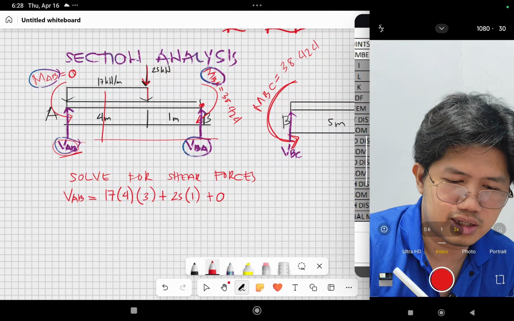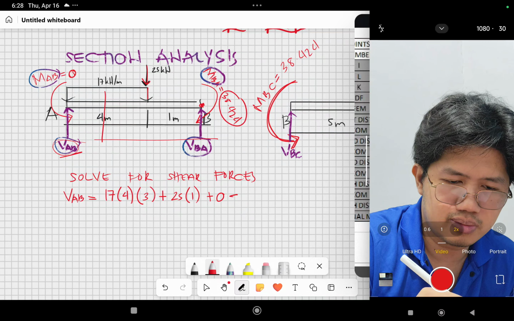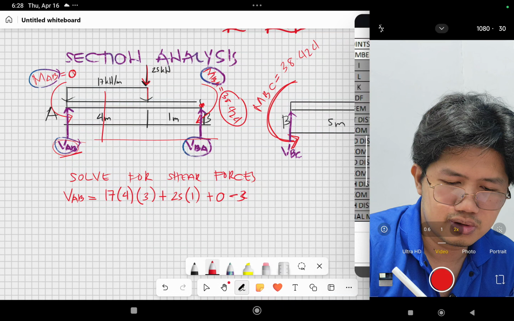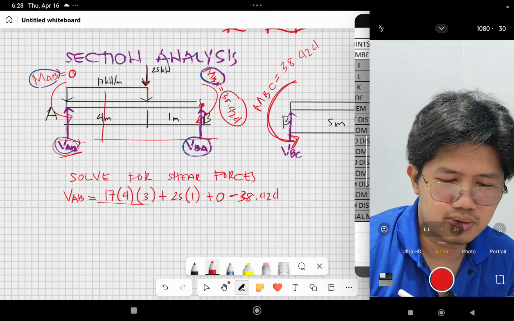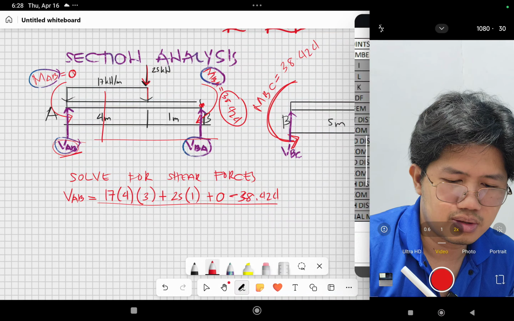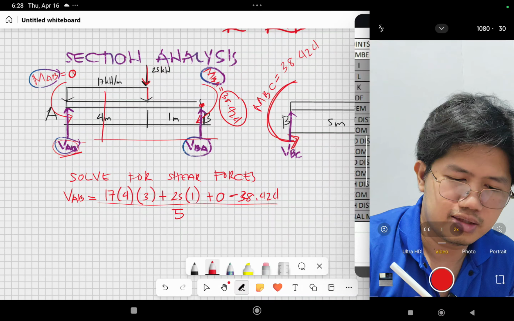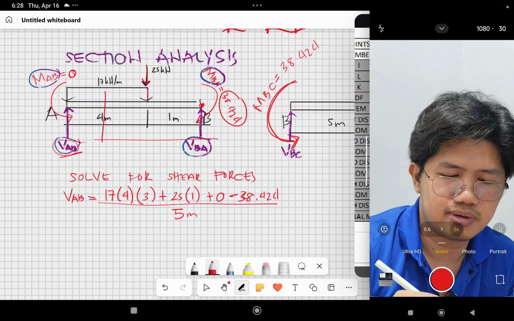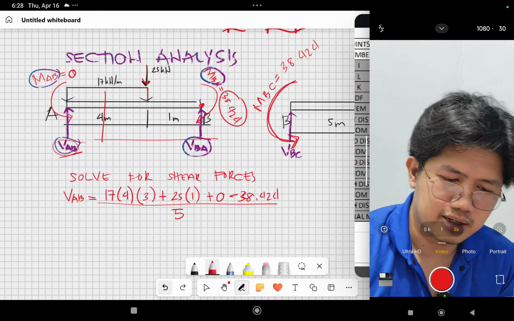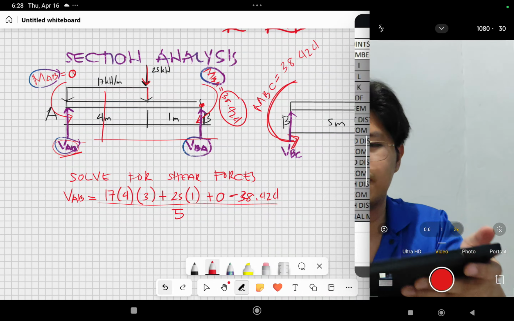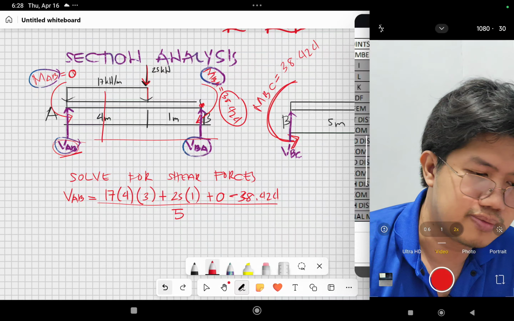Pero sulat natin, minus 38.424 all over yung distance ni A papunta sa B, that is 5 meters. So, laging ganun. Para lang tayo nag-review ng paano i-solve yung reaction.